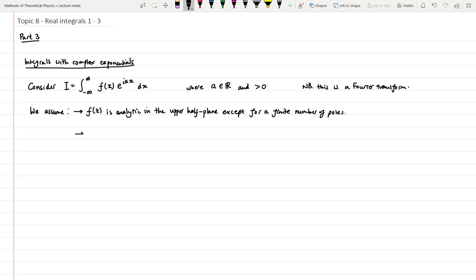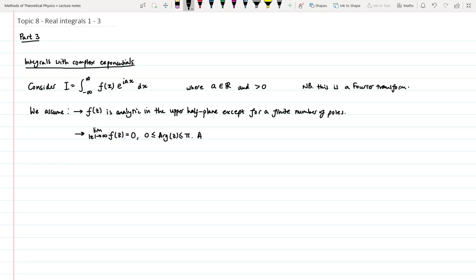The second assumption we're going to make is that the limit, as the absolute value of z tends to infinity, of our function is 0. And that's true for when the argument of z is constrained to lie between 0 and pi.